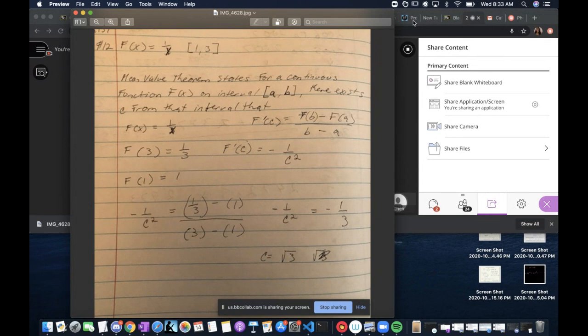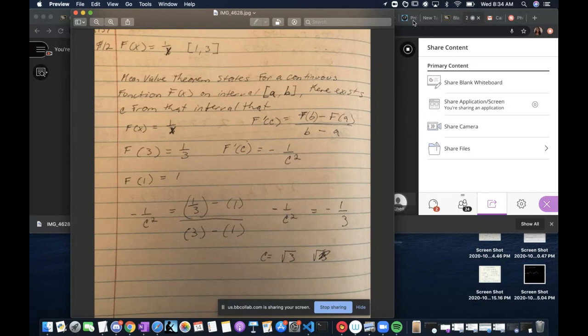No, but the negative cancels out because I divide. Okay. So then you have 1 over c squared equals 1 over 3, right? Yes. So how did you solve from there to get c equals radical 3? I take the square root.